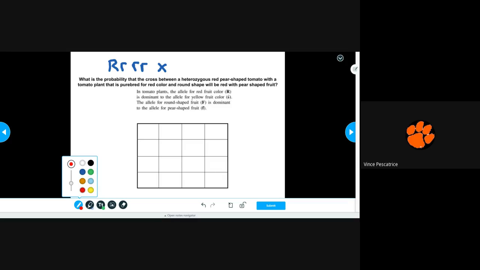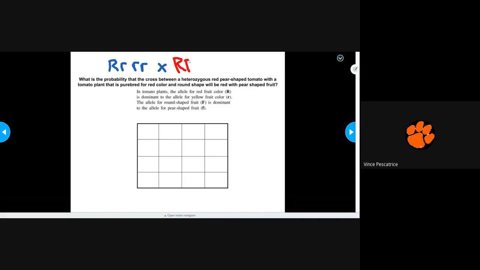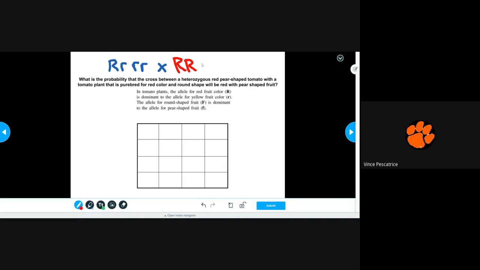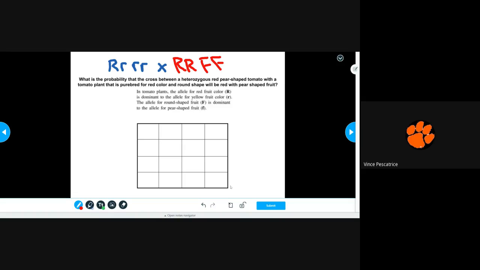Purebred means there are no recessive genes in it. Okay, so it's asking, is there a possibility for a red pear-shaped fruit?